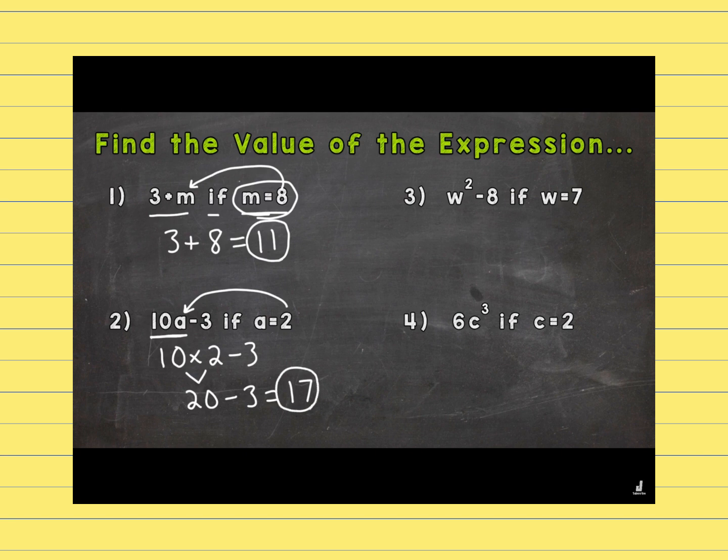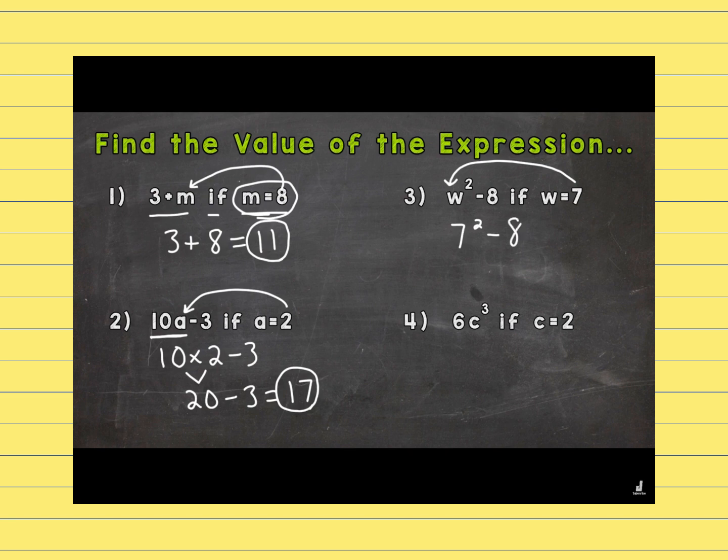Number 3, we have w squared minus 8. So find the value of the expression w squared minus 8 if w equals 7. So again, we need to plug in the value of our variable, which in this case is a 7. So we have 7 squared minus 8. So now we're ready to solve.